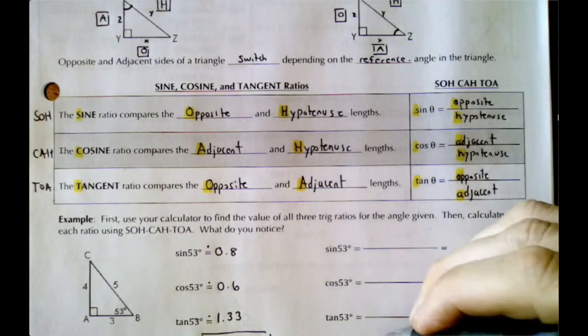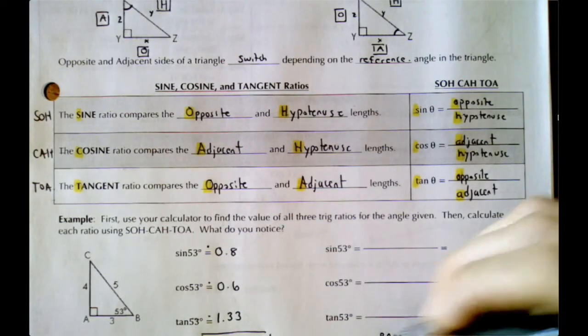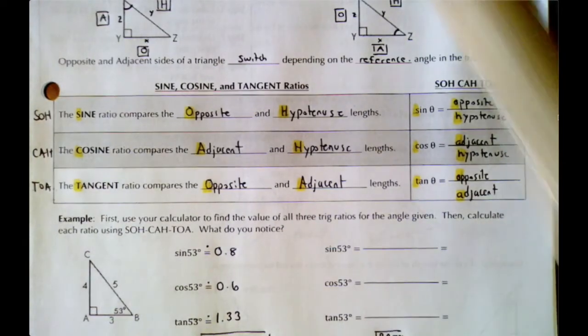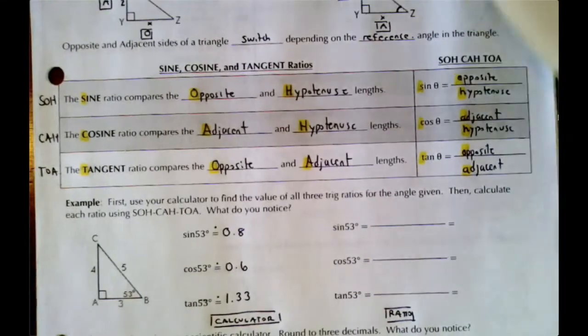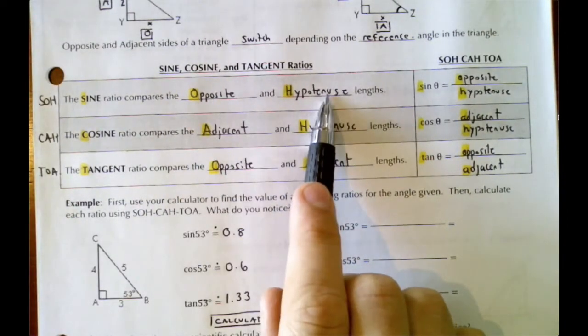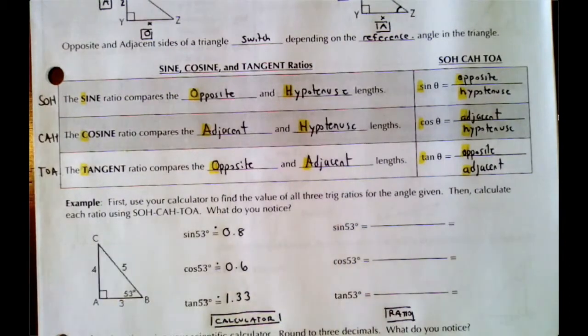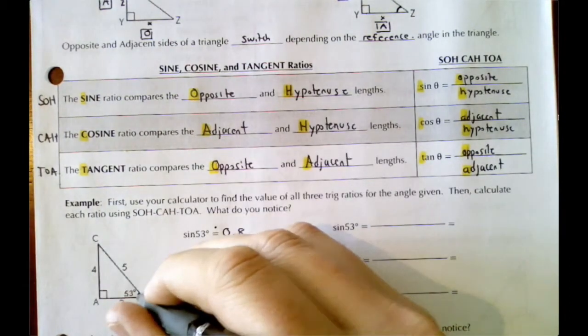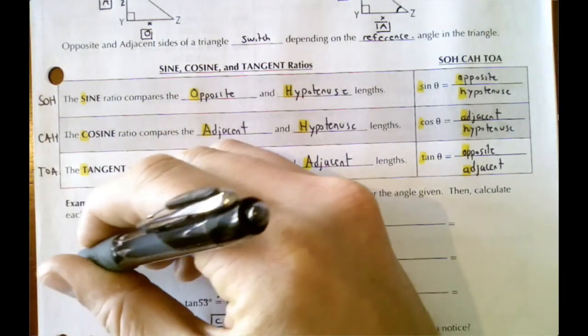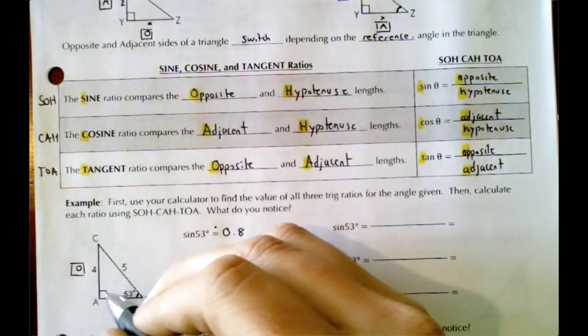Now let's try using the ratio. Well, the sine ratio is opposite over hypotenuse. So if we're looking at this triangle, let's label it. O is across from the angle we're talking about, 53. H is across from the 90.